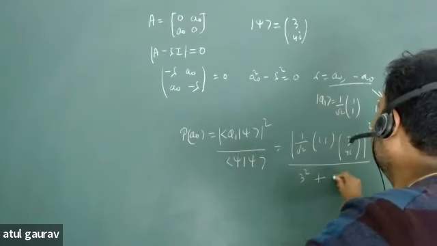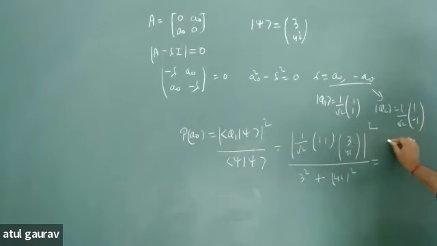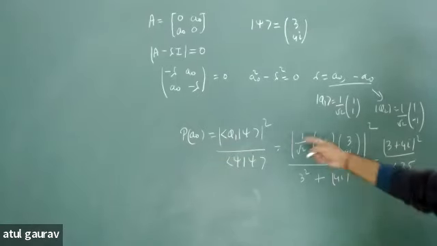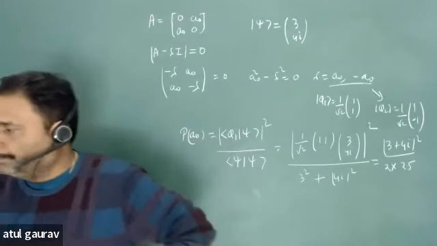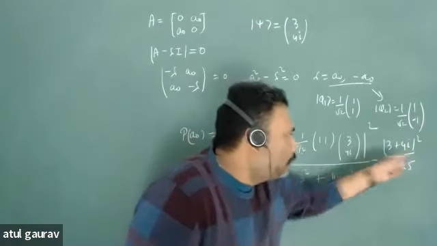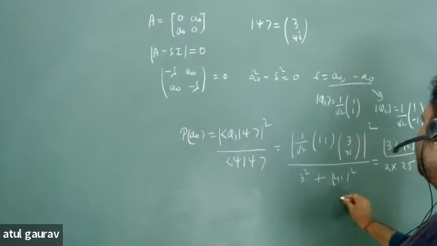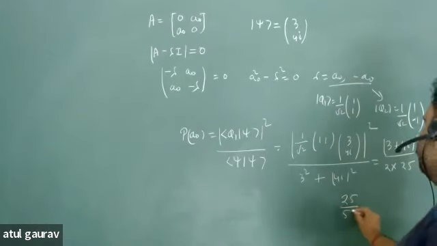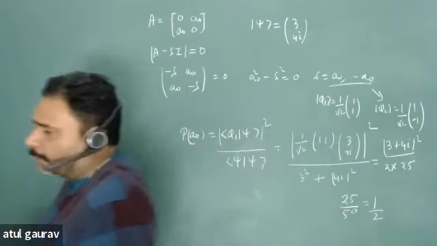You will get something like mod square of 3 plus 4i by 2 into 25, है ना? सही लिखा हूं मैं? So what will be this mod square, everyone? 25. So you have 25 by 50. That is 50% probability that you are getting A0.